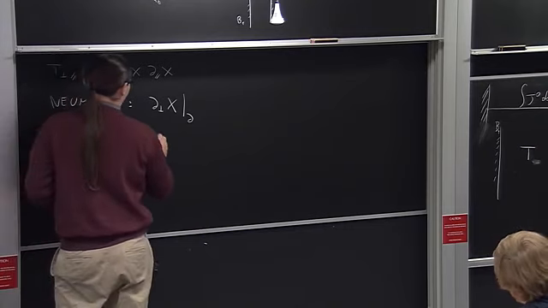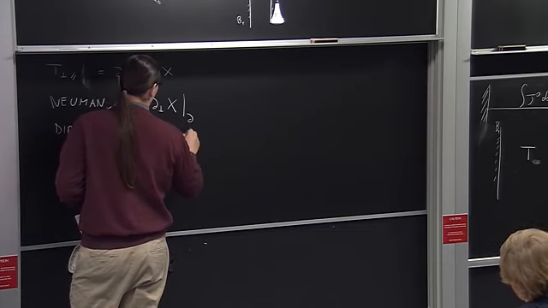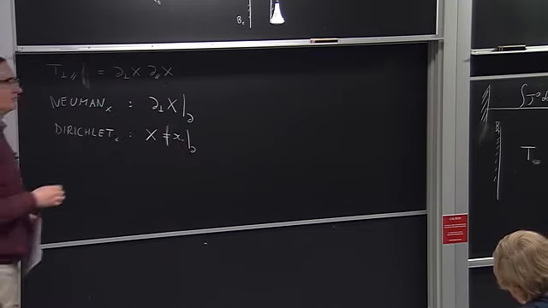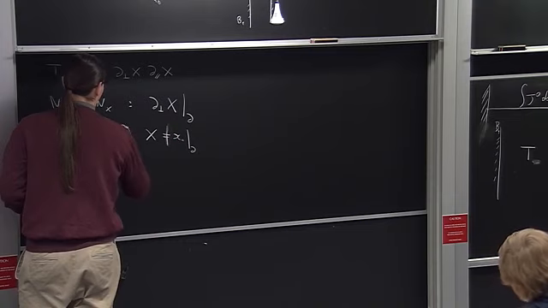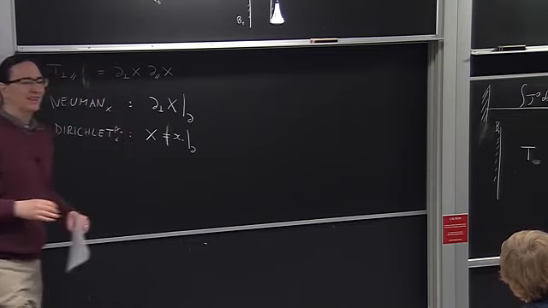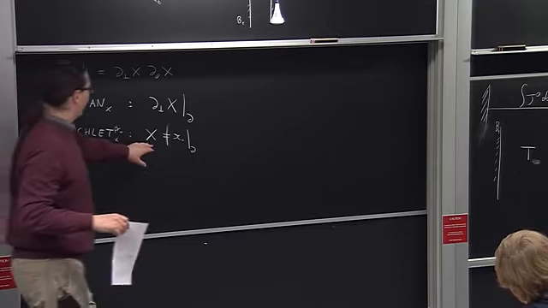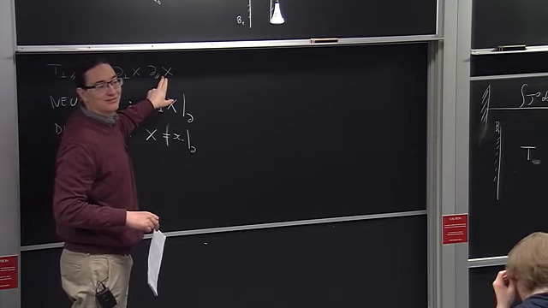And what this does is that it fixes X itself at the boundary to have a certain fixed value. So Dirichlet boundary conditions secretly come in a family, depending on this value. Of course, if X is constant at the boundary, in particular, the parallel derivative of X vanishes.